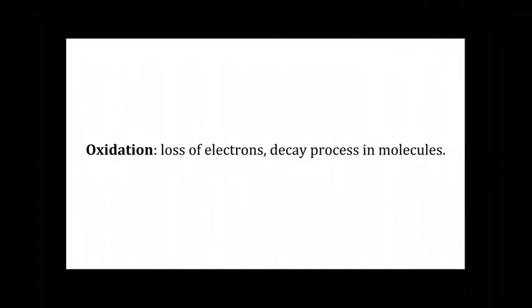So we still use the term, which sounds like it has to do with exposure to oxygen, but now what oxidation means is the loss of electrons. And we recognize the loss of electrons as a decay process in molecules. So when a molecule loses electrons, it loses energy.